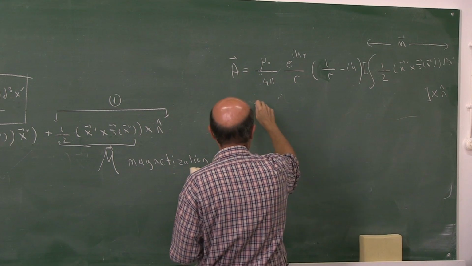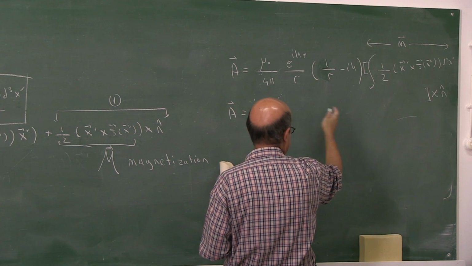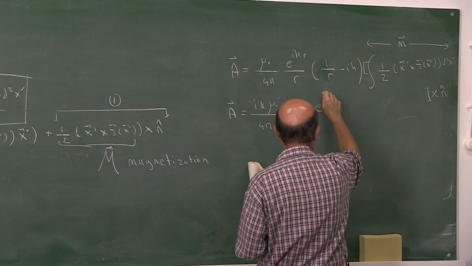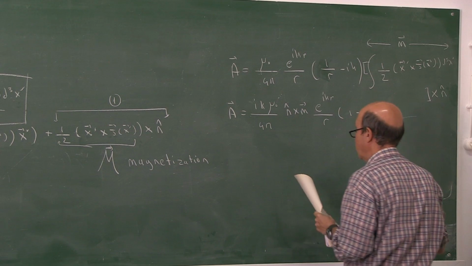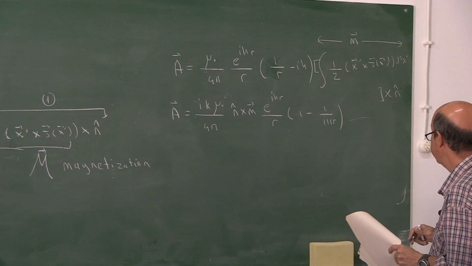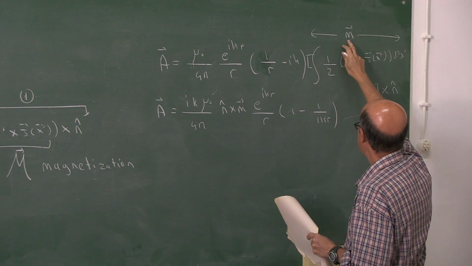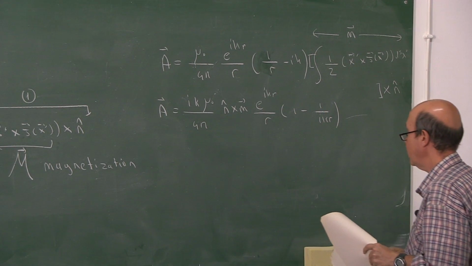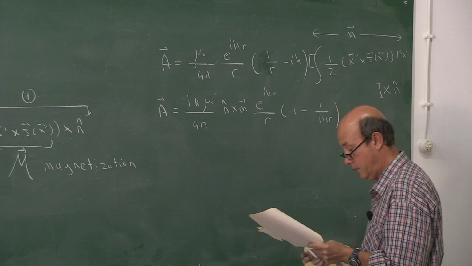A will be ik, take the ik parenthesis, mu0 over 4 pi, switch the order, n cross m, e to the ikr over r, 1 minus 1 over ikr. What I did here, I took the ik parenthesis, then that becomes negative, but I changed the cross product. Instead of m cross n, n cross m. I have the spherical wave part, e to the ikr over r, and some coefficients here. That is written in that form.